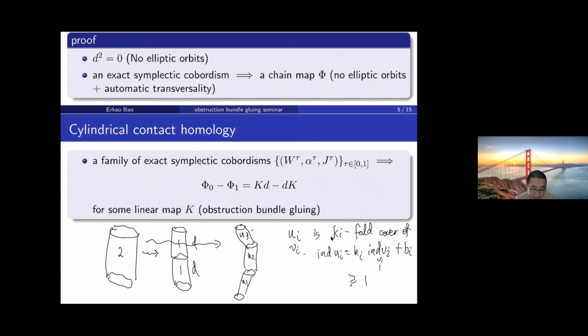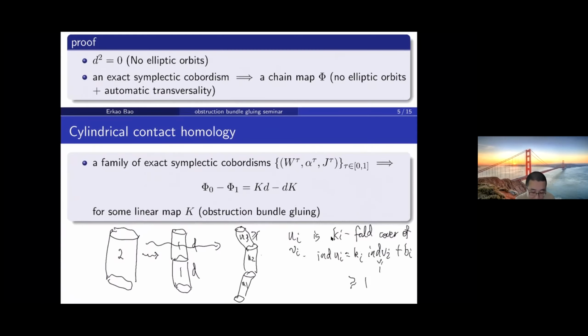Therefore each piece has a Fredholm index at least 1, so you can see there are only 2 levels. In this case, d squared equals 0 is easier to prove, because of this formula.